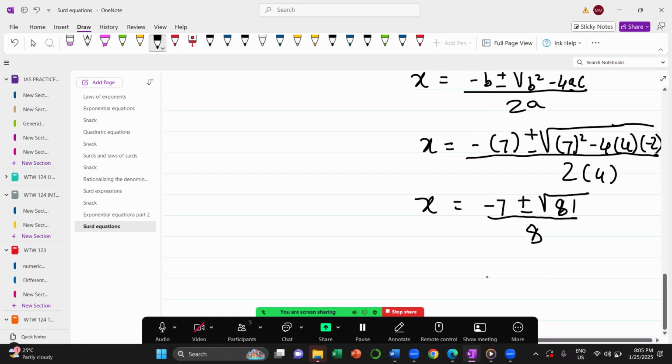From here, you already know what to do, guys. You're going to say x is equal to this or x is equal to that. You already know how to get the answers. Am I wrong or am I okay? I'm correct.